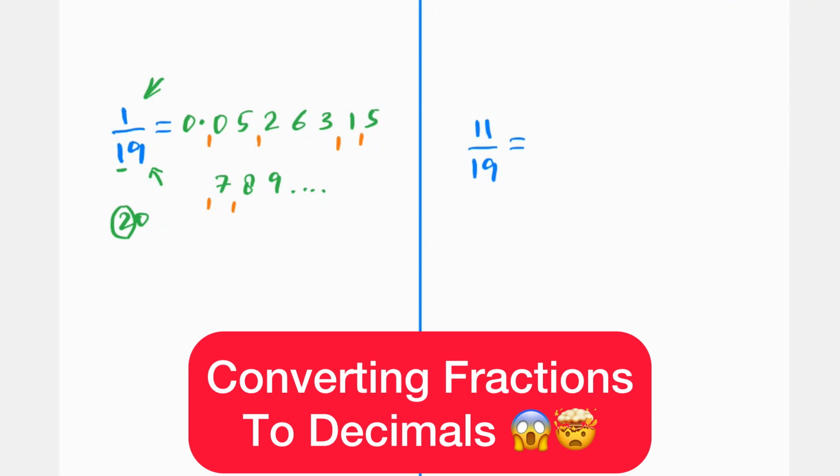1 divided by 19, this is 1 and 1 more is 2, so we'll divide by 2 instead of 19. 1 divided by 19, first we write 0 point, and then 11 divided by 2 is 2 times 5 is 10 and we have 1 remainder. Now this is 15. 15 divided by 2 again is 2 times 7 is 14 and 1 remainder.